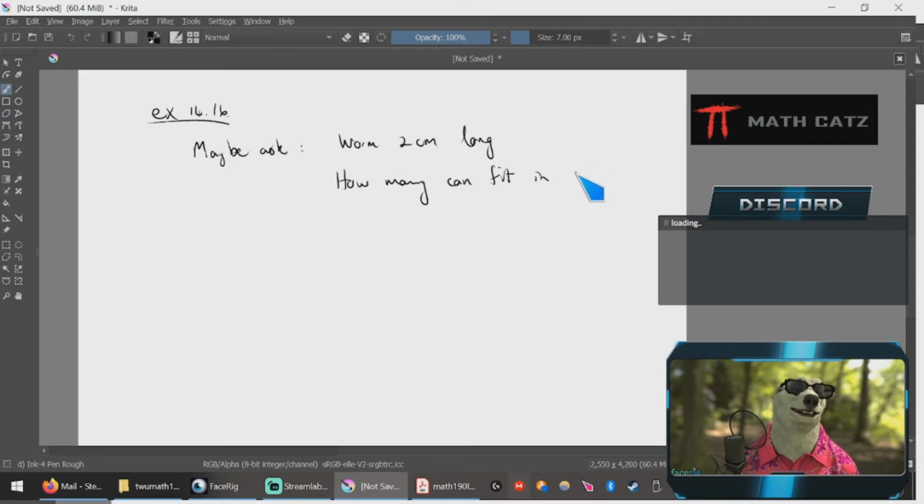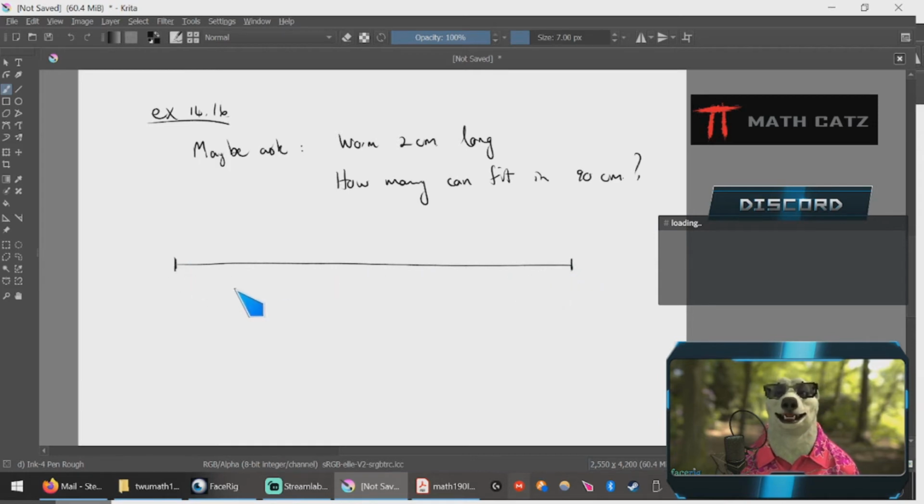How many can fit in? Let's suppose I put 3 rulers together. That's 1 ruler. Let's make it a little longer. 90 centimeters. So I still have the essence of the question, but the numbers are far, far less intimidating and not distracting me from what I need to do. I can even draw a little picture. There's my line.